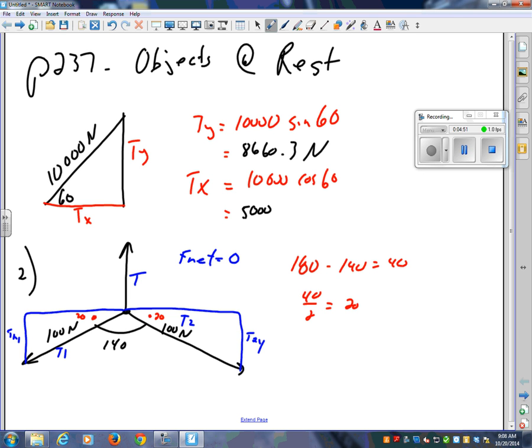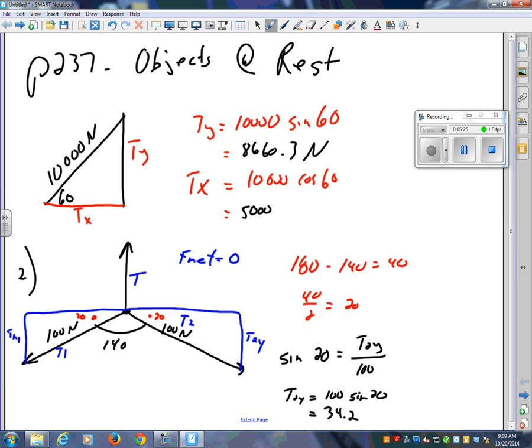So really, let's deal with T2y because it's a little bigger and a little cleaner here. I got more room. So opposite over hypotenuse. Sine of 20 is my opposite, T2y, over my hypotenuse, which is 100. T2y is 100 sine 20, and I get 34.2.